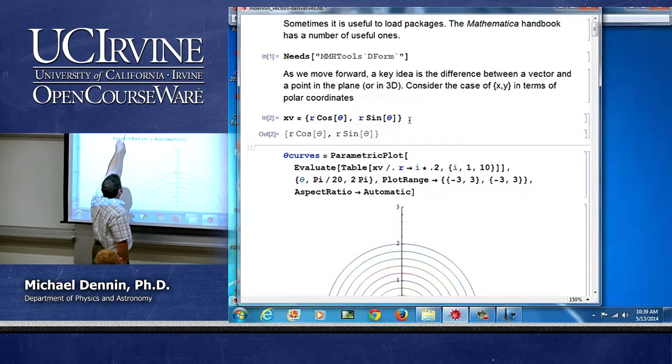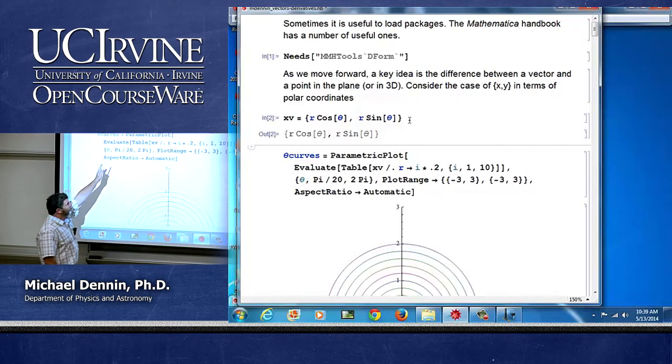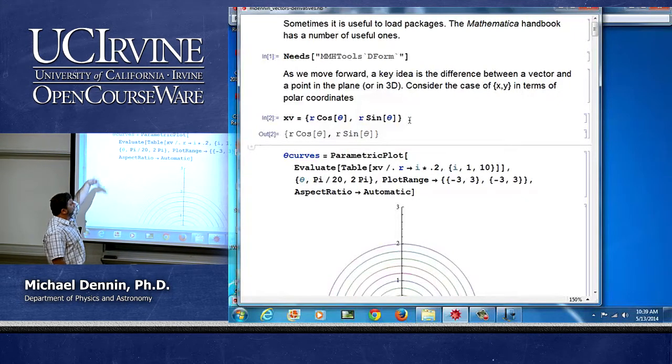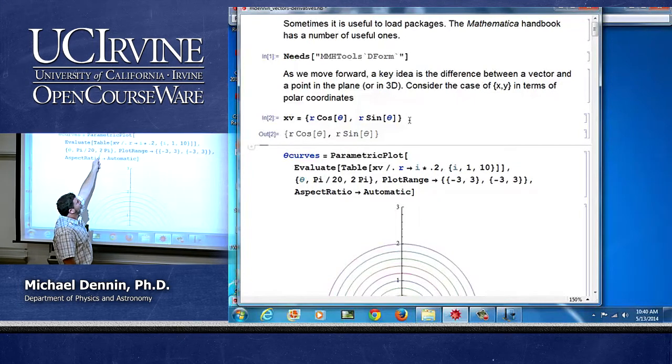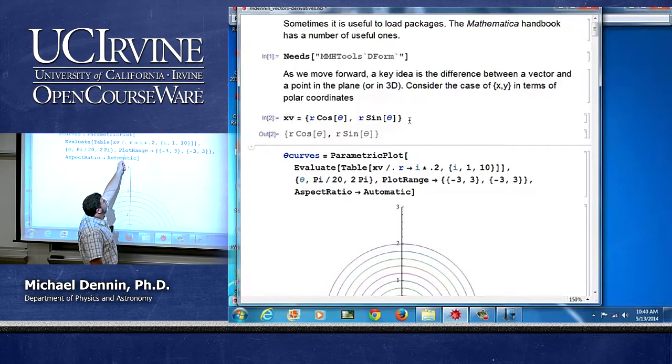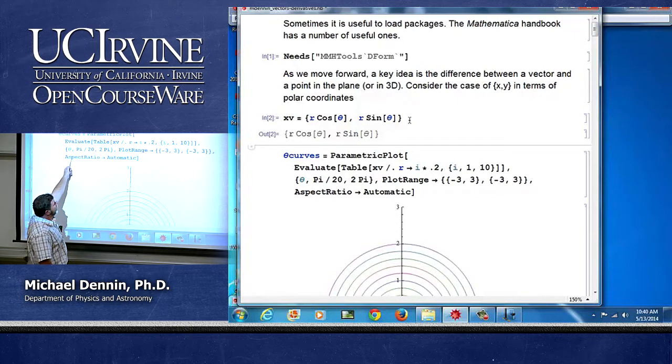So xv is not a normal function, right? It's something that's parametrized. That's why we're doing a parametric plot. We're going to set up a bunch of different curves, and we're going to generate a table of curves using our substitution. We're going to put in fixed r values, and we're going to plot it as a function of theta.